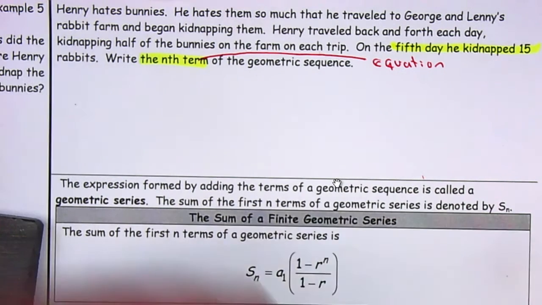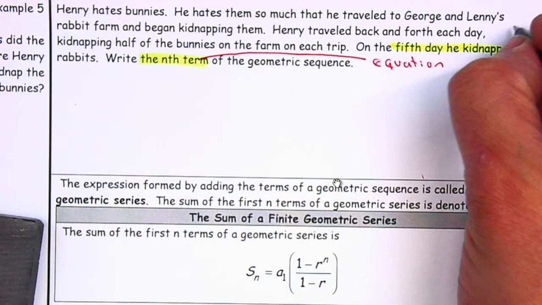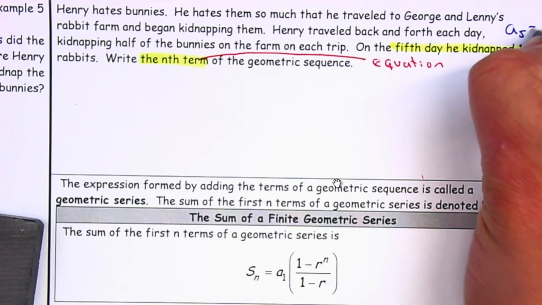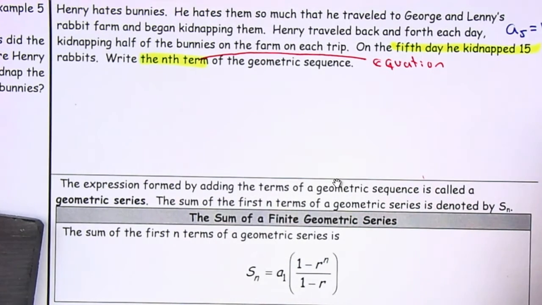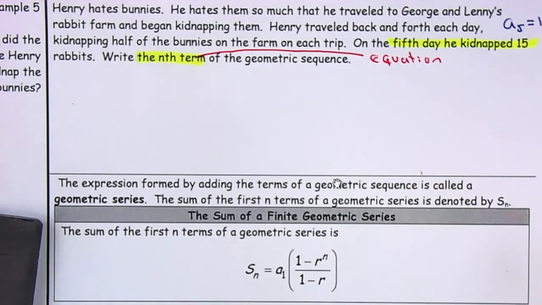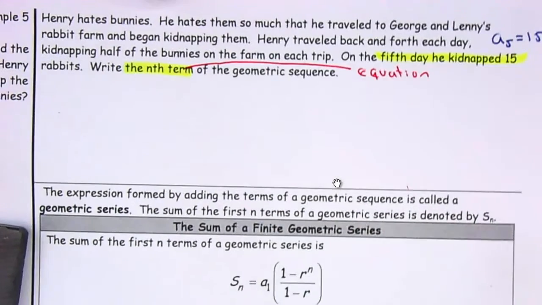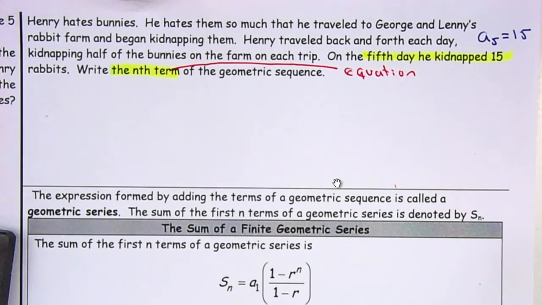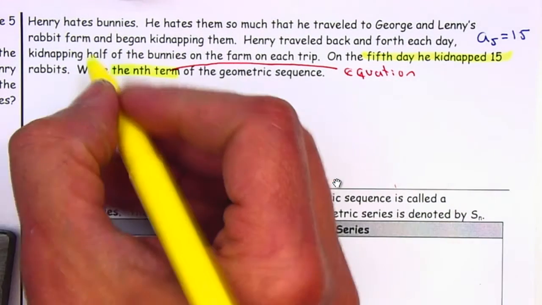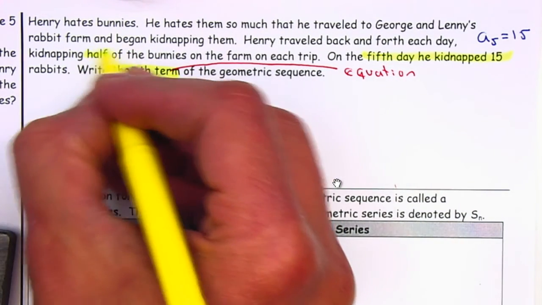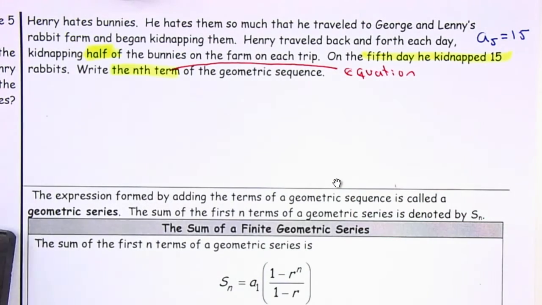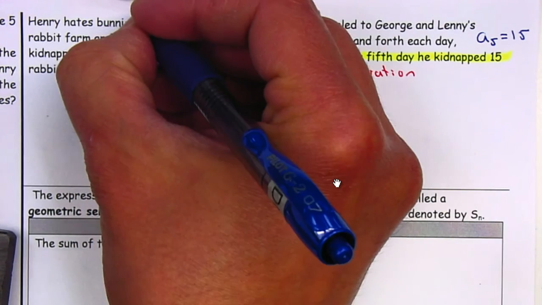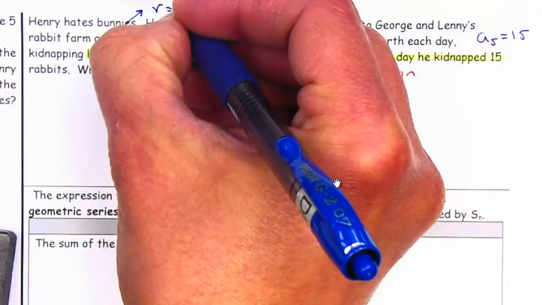That'll be a sub 5 is equal to 15. What else do they give us? They also tell us that he kidnapped half of the bunnies on each trip. And that'll be our ratio. r is going to be equal to 1/2.